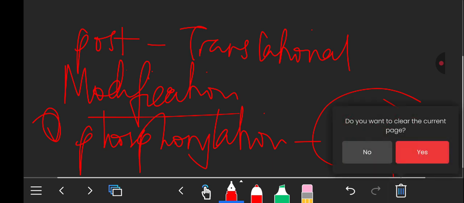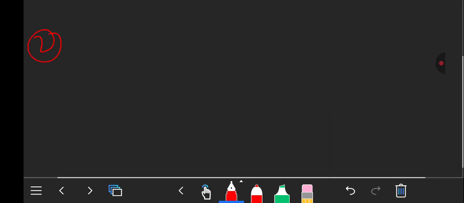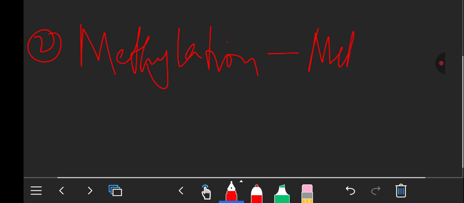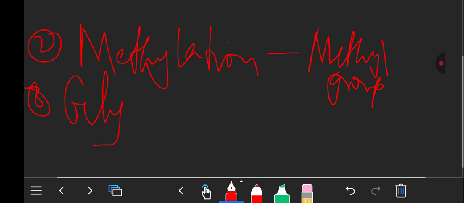We can also add some methyl group by the process known as methylation. With methylation, we are adding the methyl group. We can maybe add some glucose to the chain by the process known as glucosylation. With glucosylation, we are just trying to add glucose to the chain.